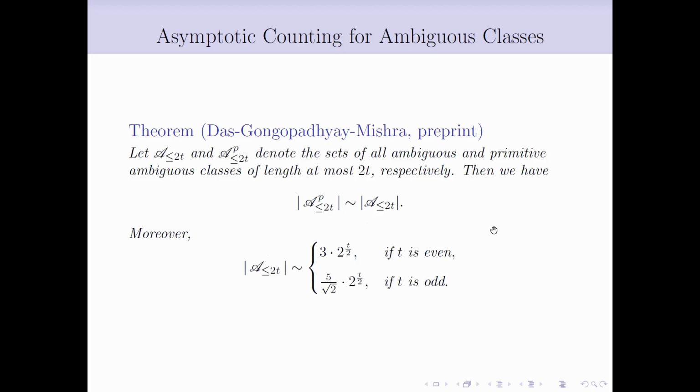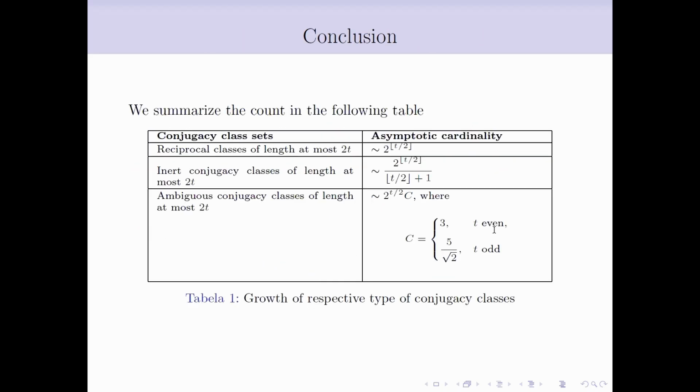So when t is even, and you take the word length 2t, this count is 3 times 2 to the power t by 2, and when t is odd, this is 5 over root 2 times 2 to the power t by 2. Okay, so this is another count that we have obtained. Now, if you summarize all these, then this is the combinatorial analog of Sarnak's result.